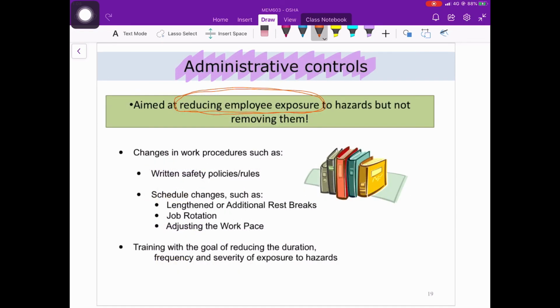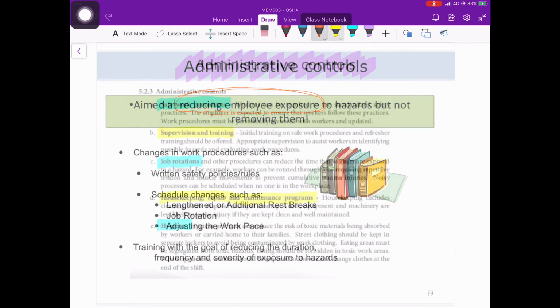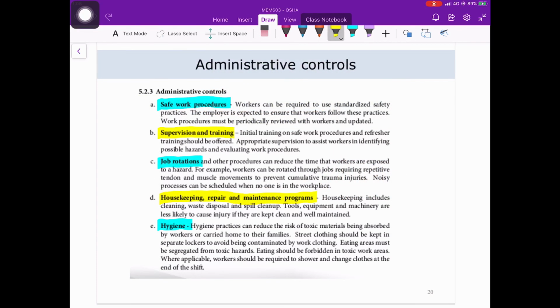Administrative control aims to reduce the hazard exposure to the employee but not remove the hazards. Some of the approaches in administrative controls are safe work procedures, supervision and training, job rotations, housekeeping, repair and maintenance program, and hygiene.